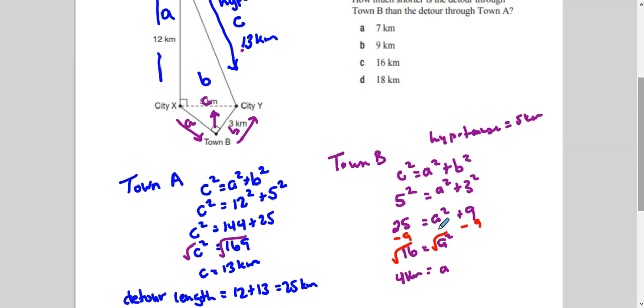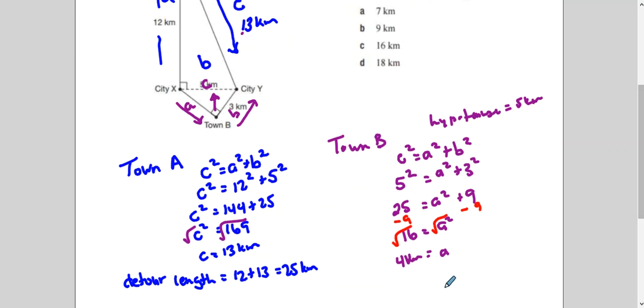So this is the solving equation parts that we learned in the earlier learning. So I gotta bring it to the other side. All right, and that's good because this is not my hypotenuse. All right, so my detour length now, well, it's the 4 kilometers plus the 3 kilometers.